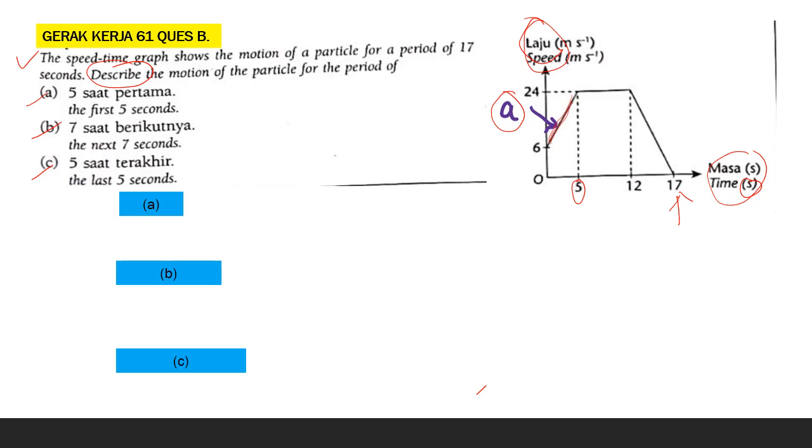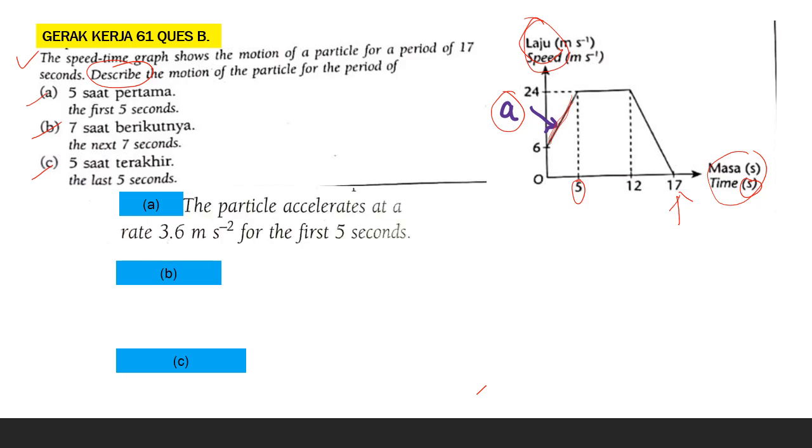It's the acceleration. So you have to mention acceleration for the first 5 seconds. The particle accelerates at a rate of 3.6. Okay, how do you get 3.6? It's not in this graph, so you have to find it.